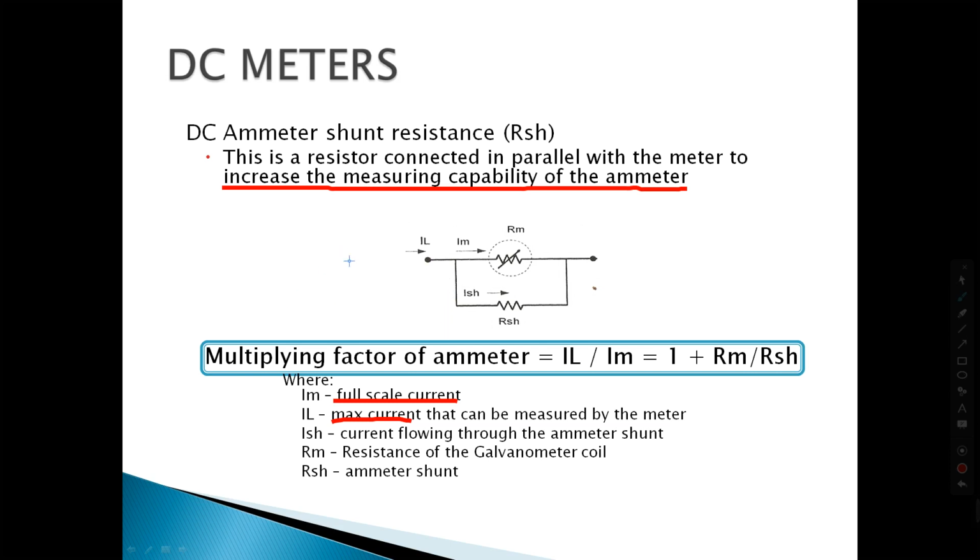It is the maximum that can be measured by the ammeter. The multiplying factor of an ammeter is also equal to 1 plus the ratio of the resistance of the galvanometer coil over the shunt resistance. So always remember this formula, the multiplying factor of the ammeter.